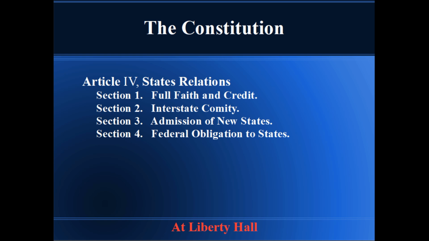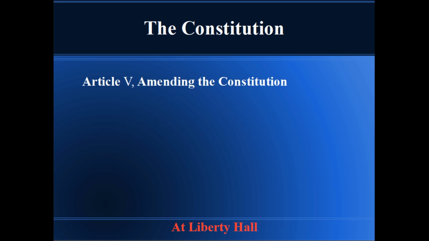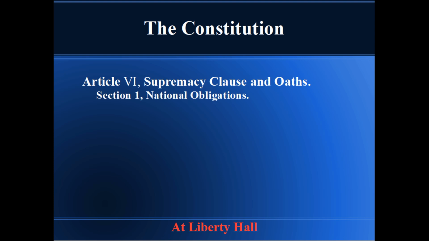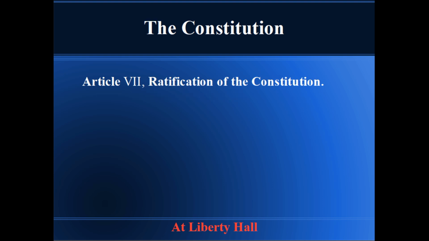Section 1, full faith and credit. Section 2, interstate comity. Section 3, admission of new states. Section 4, federal obligation to states. Article 5, amending the Constitution. Article 6, supremacy clause and oaths. Section 1, national obligations. Article 7, ratification of the Constitution.